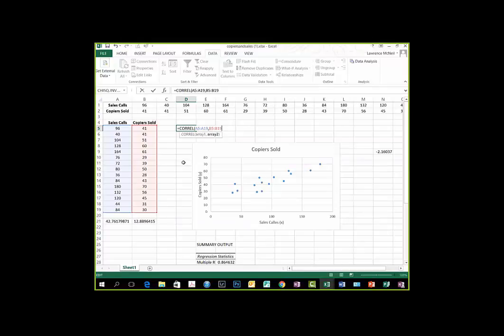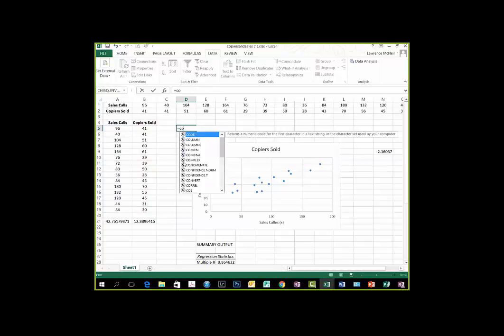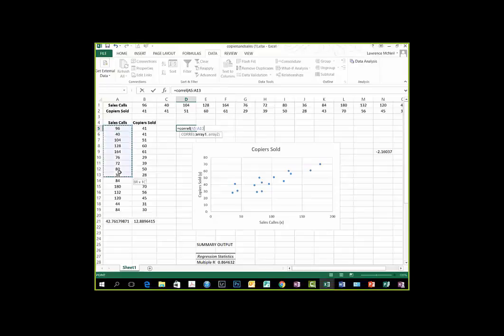Let me get rid of it and redo it. So you want to type equals C-O-R-R-E-L, open parentheses, and it asks for array 1, which just means insert the data, not the column head, not the words, but the data for the first set of data. So there we go. Hit the comma button and Excel says give me array 2. So click and drag.